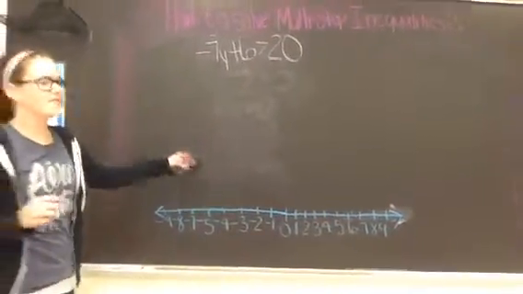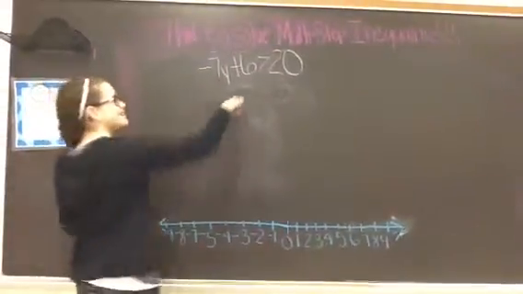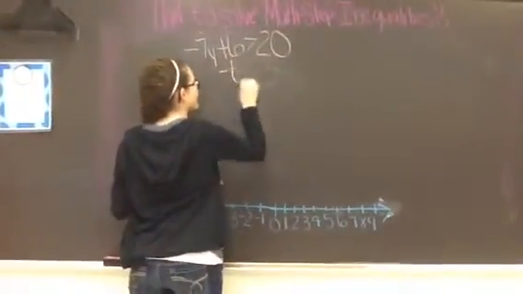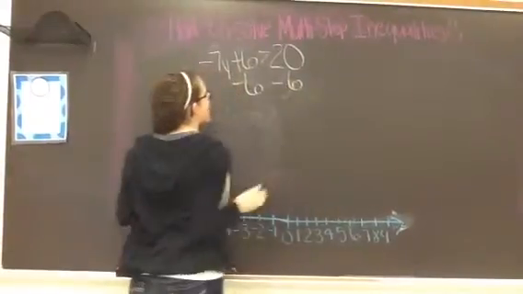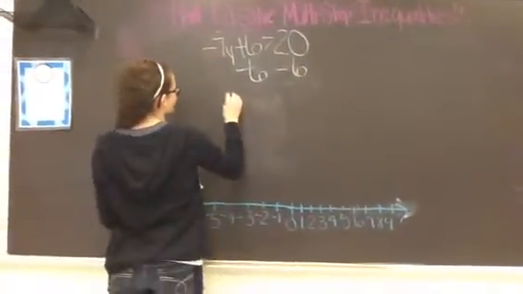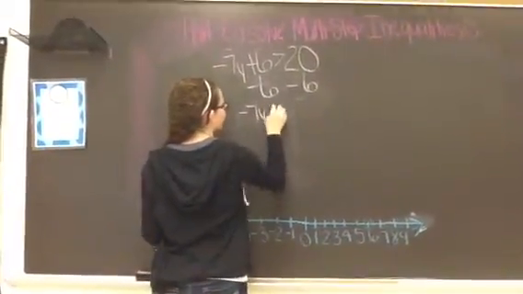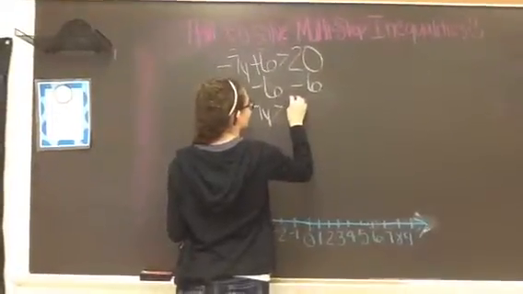So the first thing that we're going to have to do is subtract the 6 from both sides. After you subtract the 6, you're left with negative 7y is greater than 14.